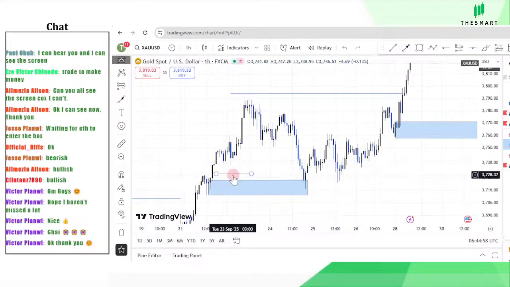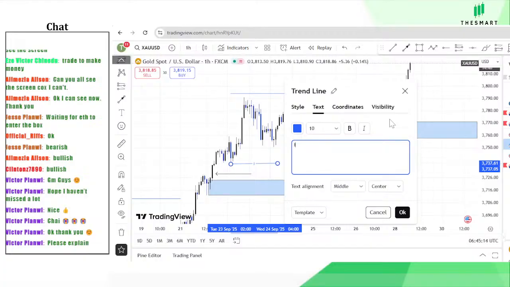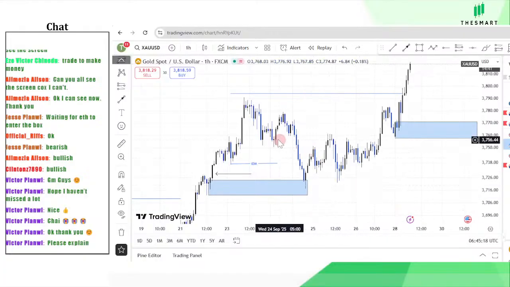So this is my fair value gap at this point. So at this point, you can say we have this fair value gap. What do you have? You have this inducement sitting here. You have this inducement sitting at this point. And what did you see?